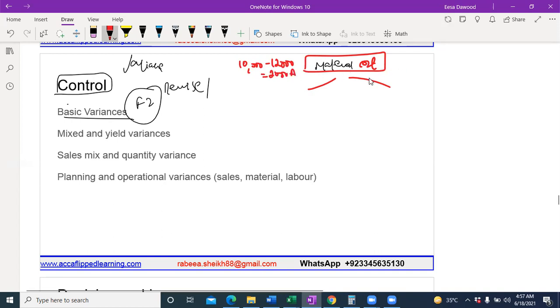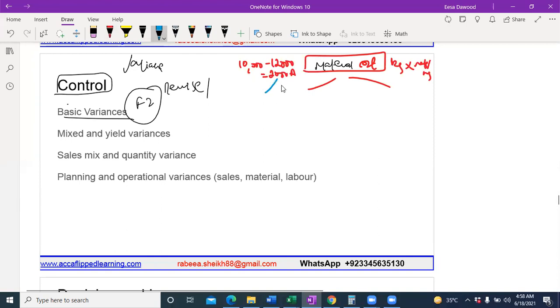Now I need to dig down into the reason for that total variance. Why didn't I meet the budget? Maybe I used more kgs than the standard, or another thing could be the price. Maybe the rate I got for 1 kg was pricier than the standard. That could actually make the difference between the budgeted cost and the actual cost.